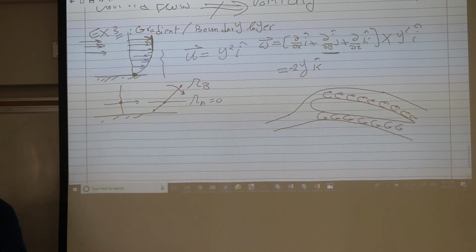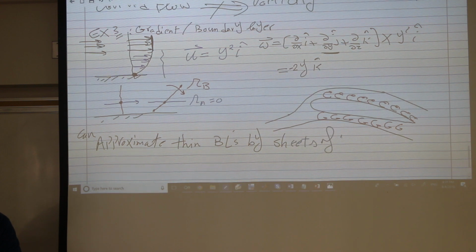Okay. So we can actually approximate thin boundary layers by sheets of vorticity.